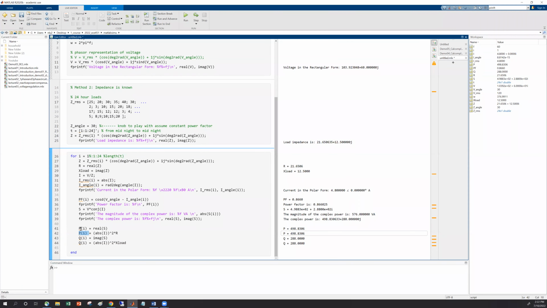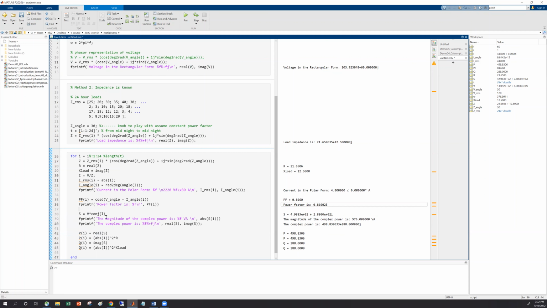So normally this is more straightforward. Usually when I compute P, I just compute the current, and then I use V times the conjugate of I, and then I take the real part of this complex power, I get the real power. And then I can take the imaginary part of the complex power, get the reactive power. But there are alternative ways of computing the real and the reactive power, just so you know that.